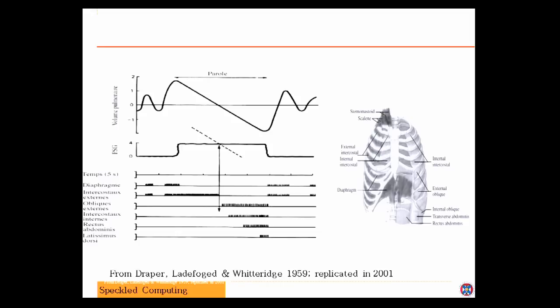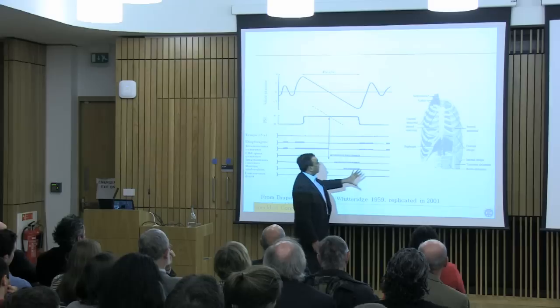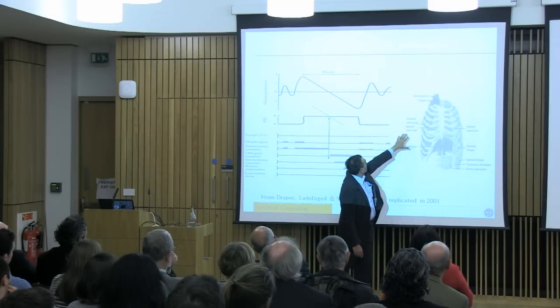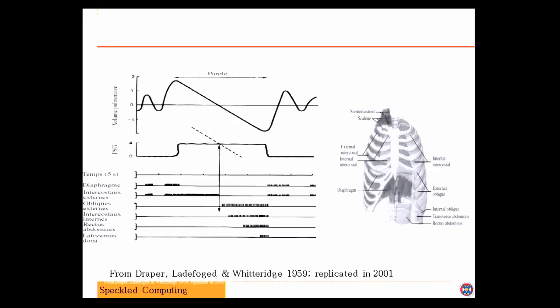These are needles which go into the muscles and measure the electrical activity in the muscles. These are the various muscles, the internal and external intercostal muscles. In this classic paper they were able to look at the muscle activity during a speech episode.